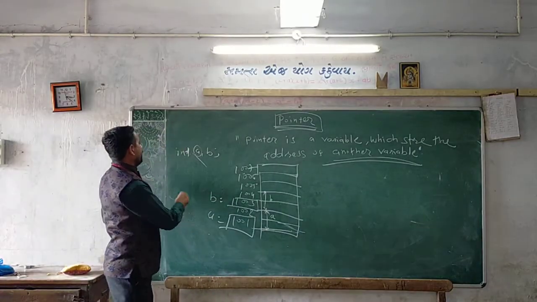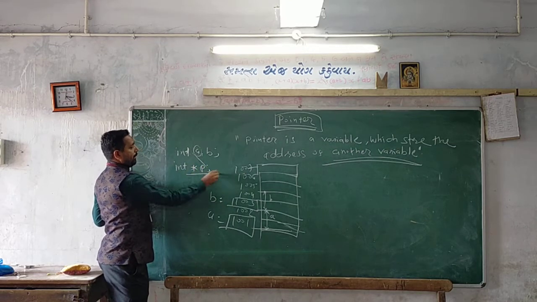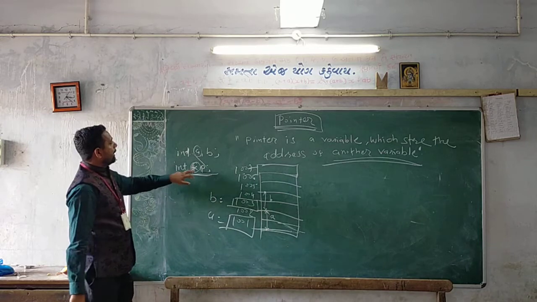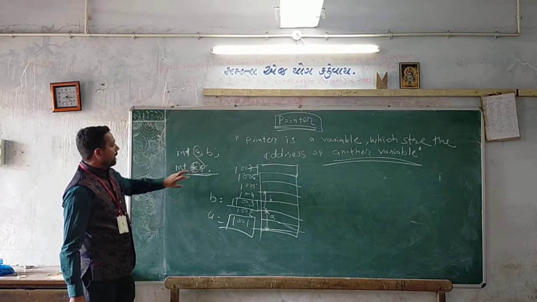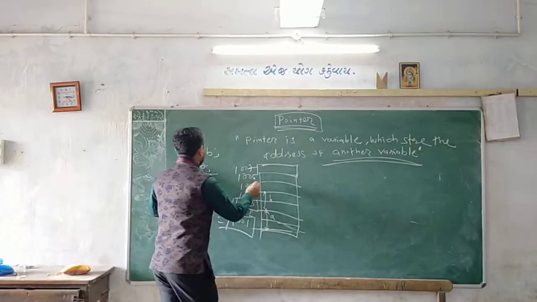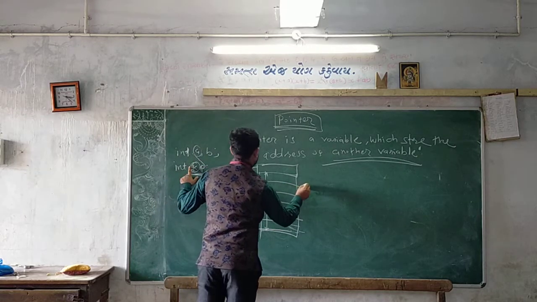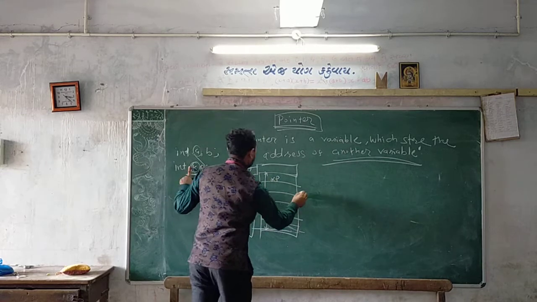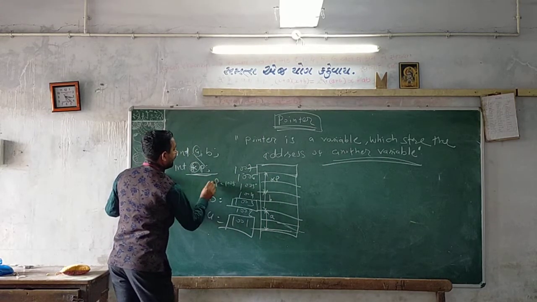Now we see the pointer. Suppose int *p. It is defined by a star beside the pointer p. This symbol indicates the pointer. Suppose the pointer is also an integer, so it takes 2 blocks. The address of pointer p is 1005.